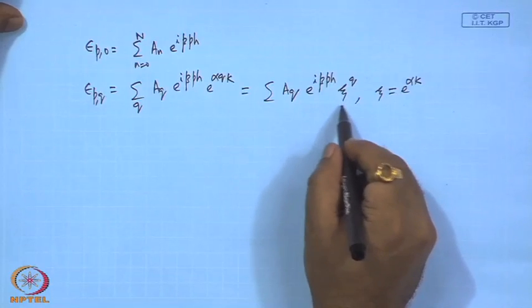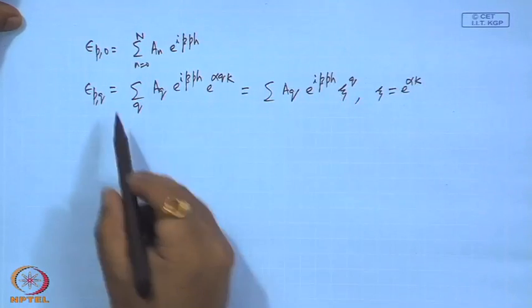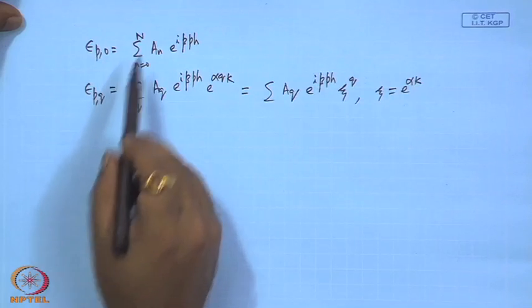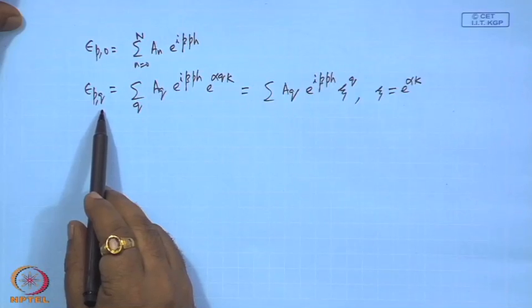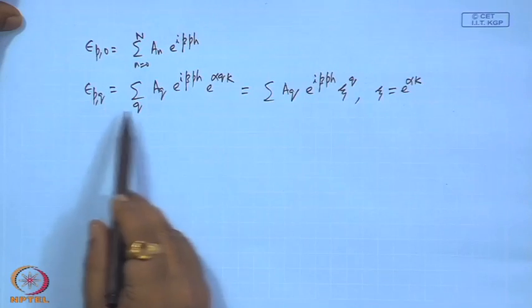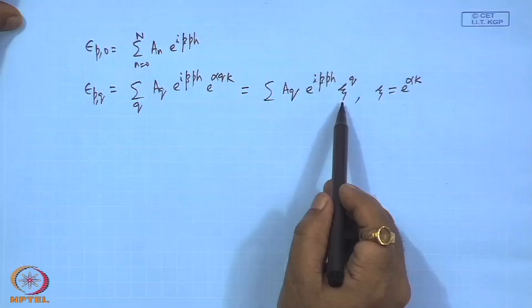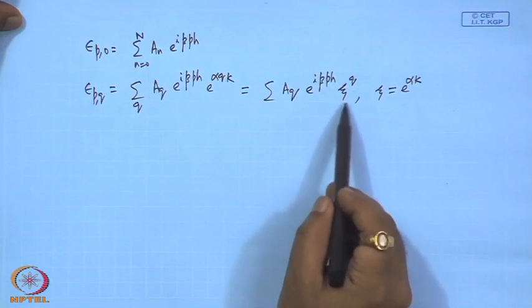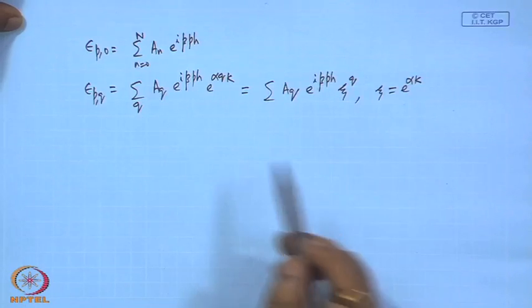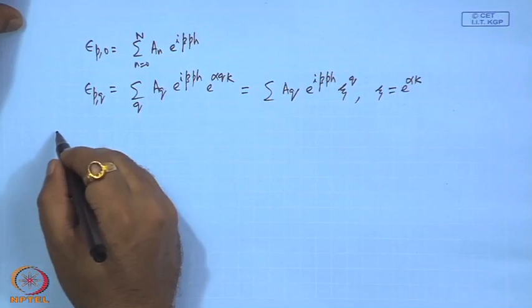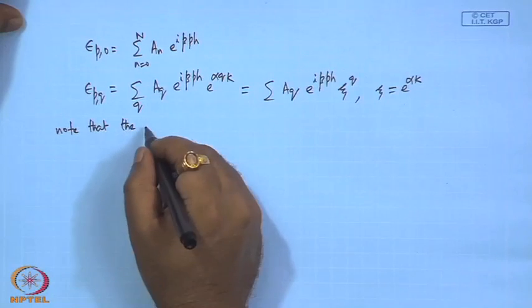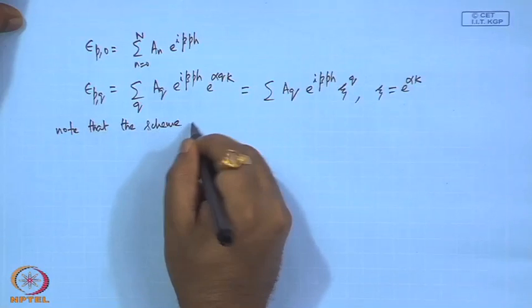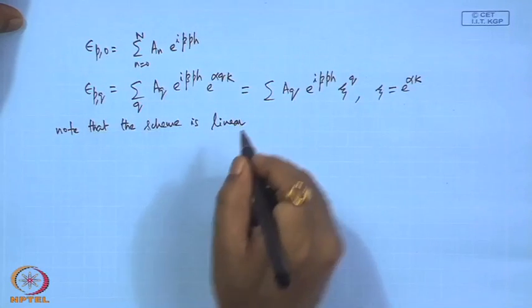So, what is the need of introducing this variable? See, the error at time t equal to 0 is plugged into the system, and we are observing the amplification of the error at subsequent time steps. Hence, the variable which we are going to observe should be related to time. So, this is the variable. Okay. Now note that the scheme is linear.